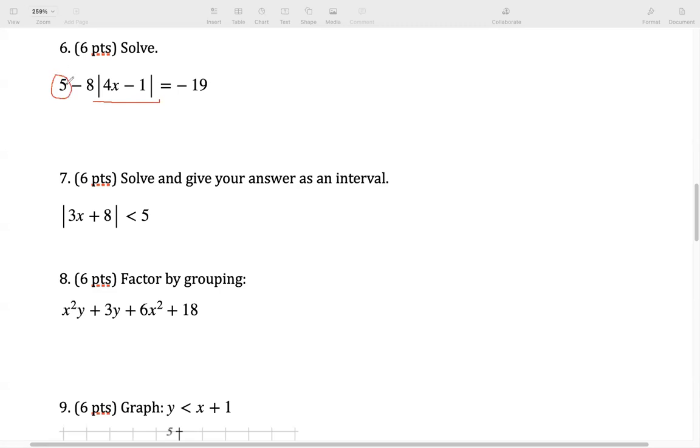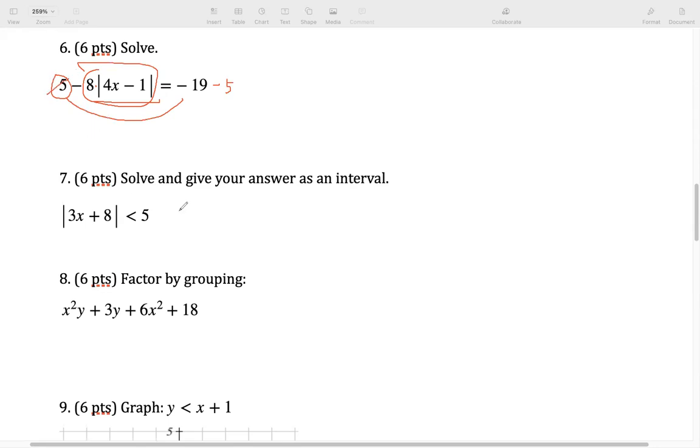And some of us did 5 minus 8. We cannot do that because this is one term, because it's a multiplied by this absolute inequality. So we cannot do 5 minus 8. What we can do is move 5 to the other side. It becomes negative, right?